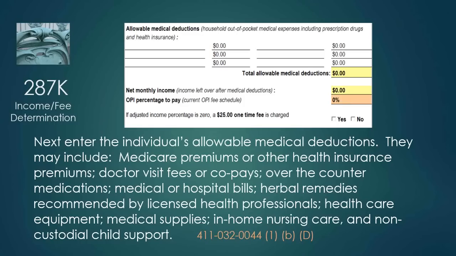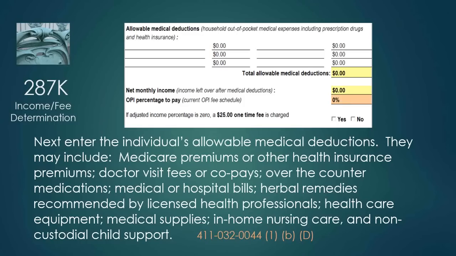Medical supplies, which might be interpreted as things like disposable catheters, test strips, or other medical supplies. In-home nursing care, and non-custodial child support payments. So all those are allowable medical deductions.